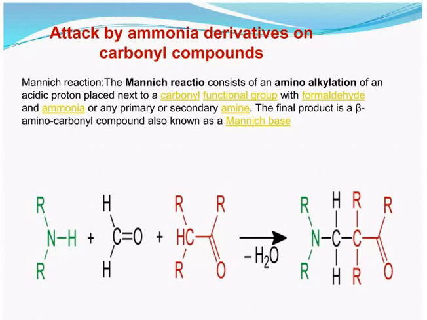This is a very important reaction, the Mannich reaction. The Mannich reaction consists of an aminoalkylation of an acidic proton placed next to a carbonyl functional group with formaldehyde and ammonia or any primary or secondary amine. The final product is a beta amino carbonyl compound, also known as a Mannich base.